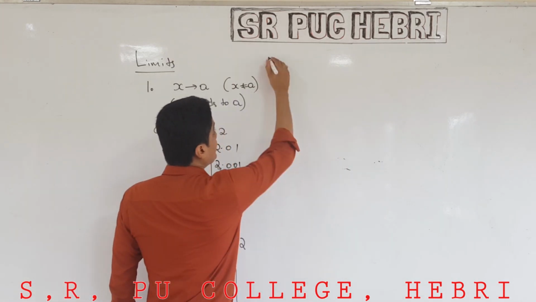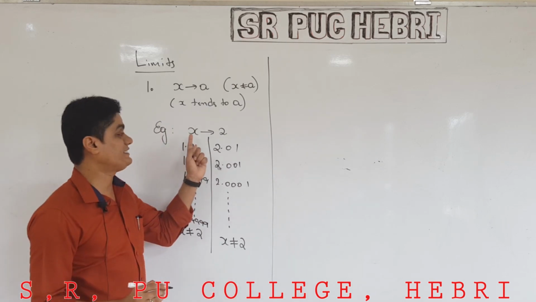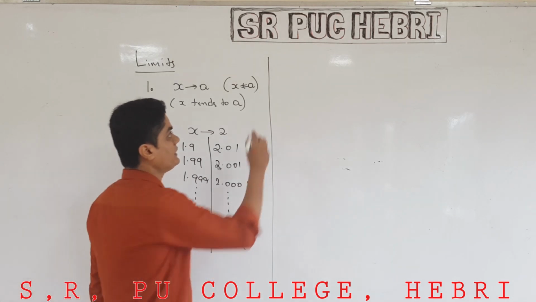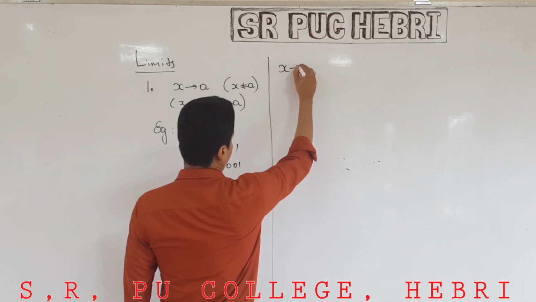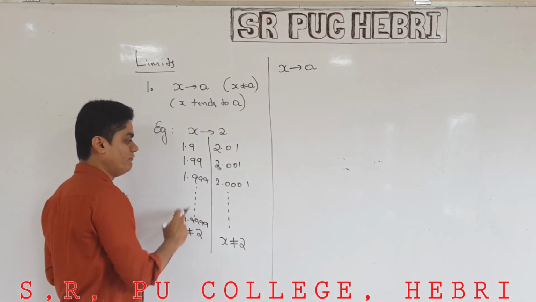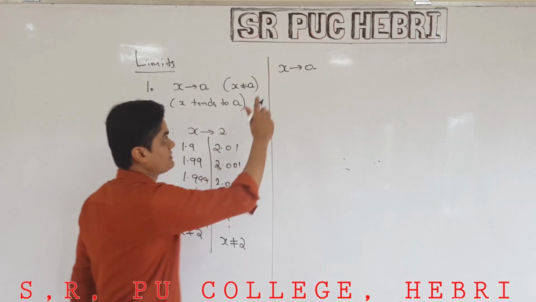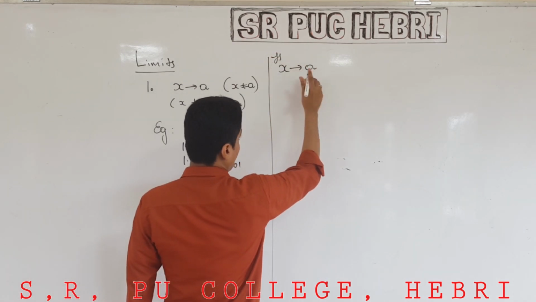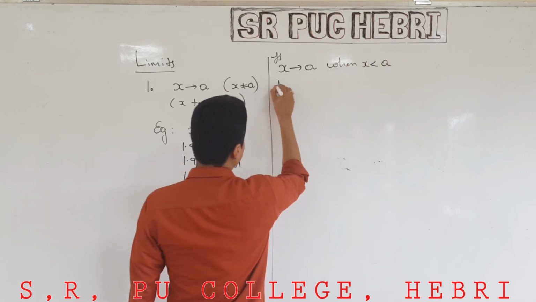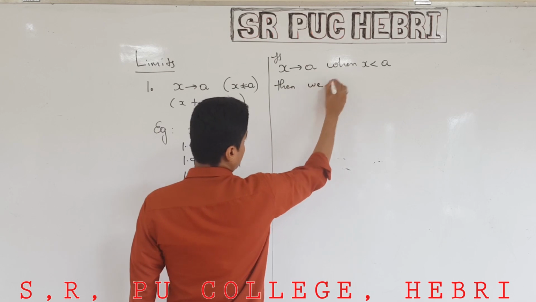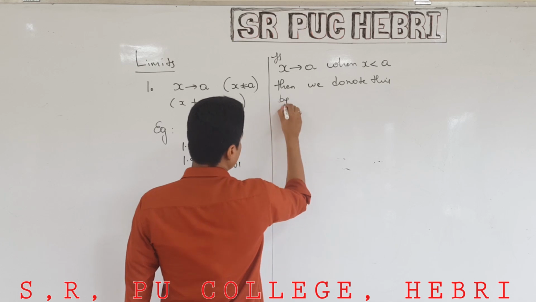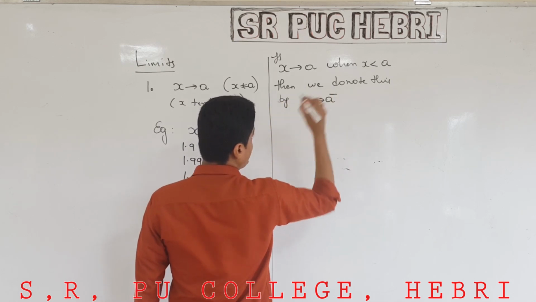Now, if x takes values closer and closer to 2 like this, then in general we represent it like this. If x takes values near a from less than a, where all these values are less than 2, that is, when x is less than a, then we denote this by x tends to a minus.